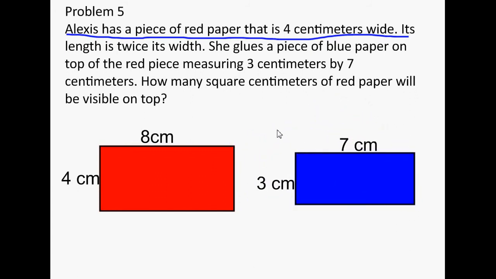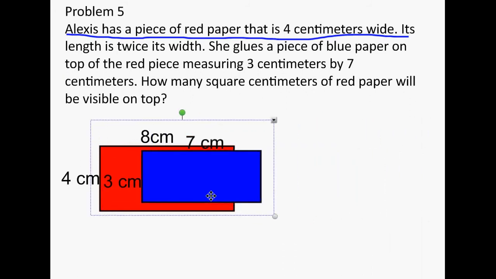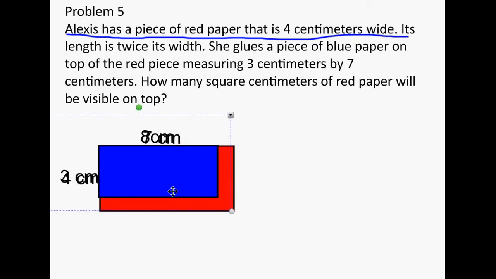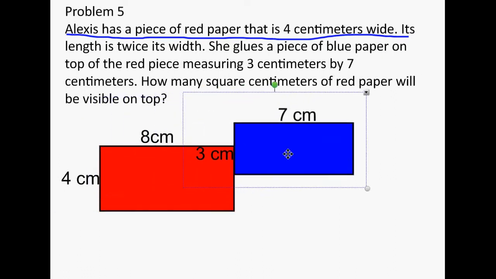Let's look at the problem one more time. How many square centimeters of red paper will be visible on top? So if we put this blue one on top, what it's saying is how many square centimeters of red paper will be visible on top.